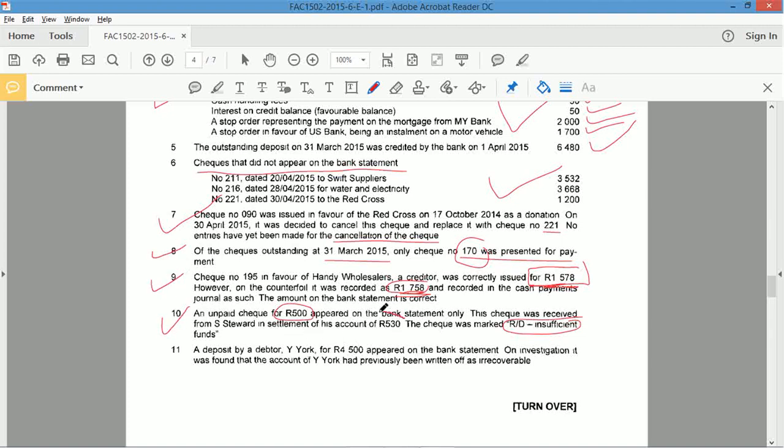Okay, this was to settle his account of 530, so there was a discount. Remember, discount isn't a cash line item. The discount would have been reversed out in the general journal. It wouldn't have affected your bank recon, so we're not going to consider the discount. That will be reversed out separately.